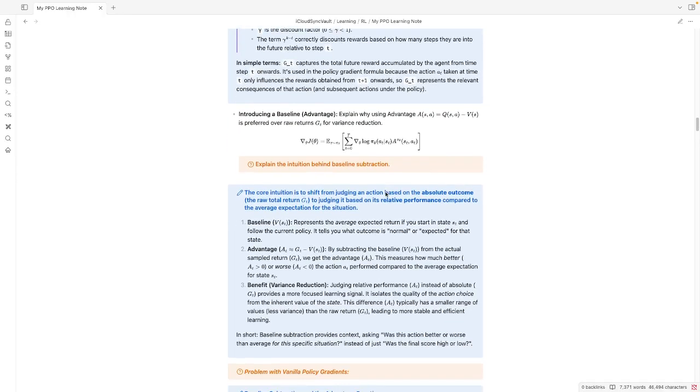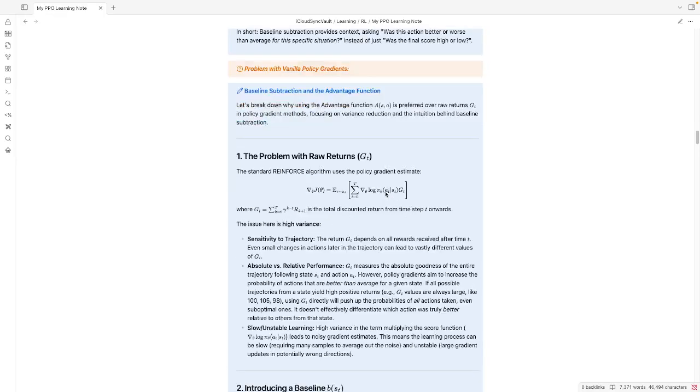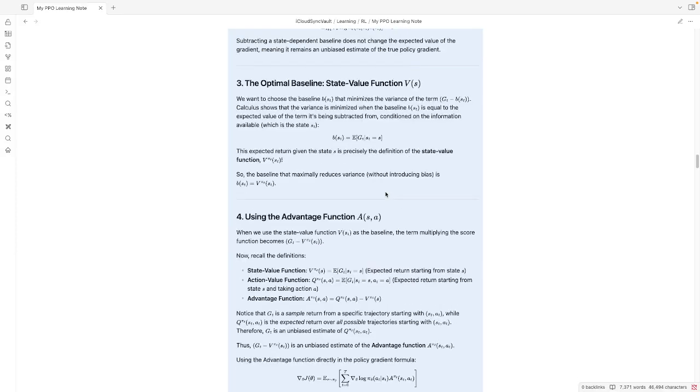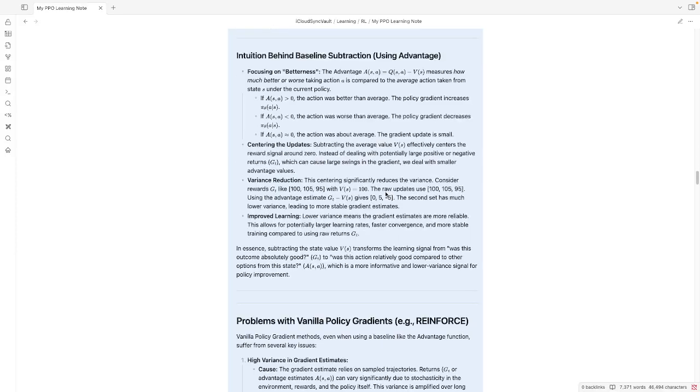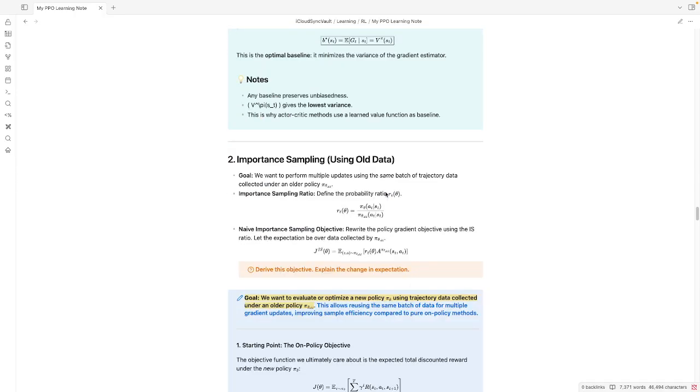And in other videos, we will talk about why this can reduce the variance. So this is one technique, introducing the baseline, and another technique is importance sampling.